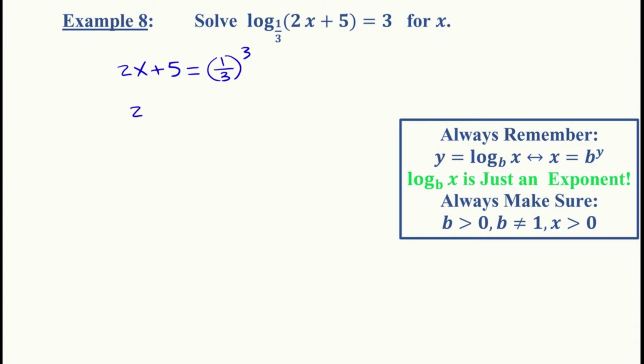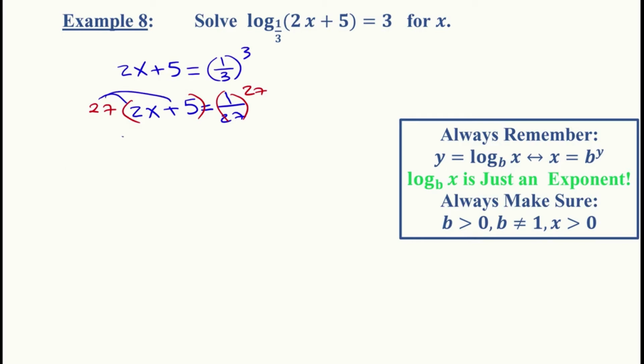So we get 2x plus 5 equals 1 over 27. And of course, you know that the easiest way to solve an equation like that is to go ahead and clear the fraction by multiplying both sides by the LCD, which is just going to be 27. And don't forget to distribute.